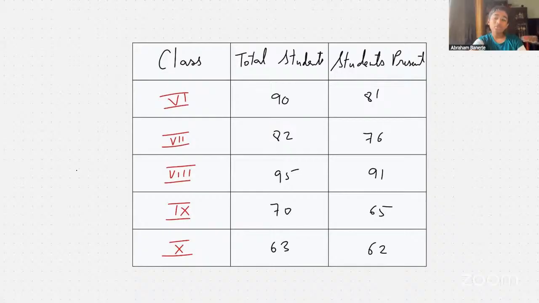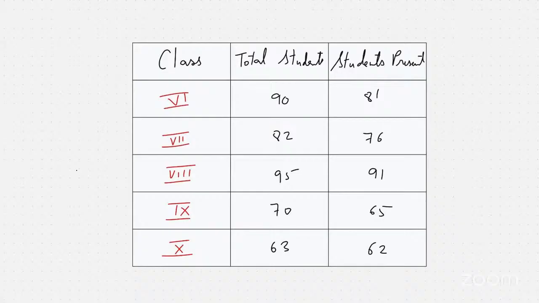Ma'am, I think we should put the scale of 5. Scale of 10. Okay. Yes, we can put scale of 10. Or we can put 60, 65, 70, 75, 80, 85, 90, 95.